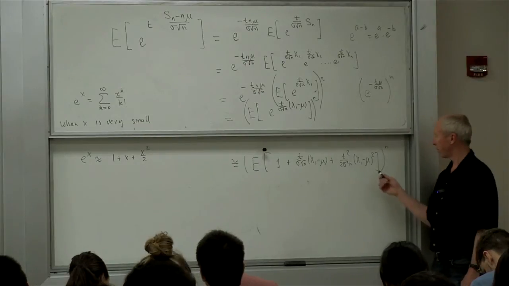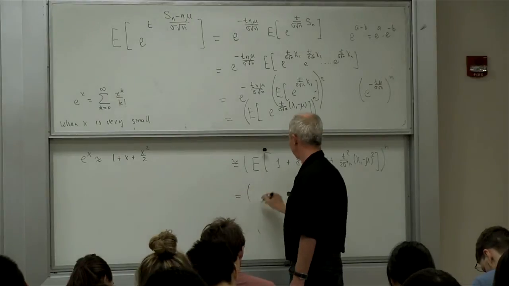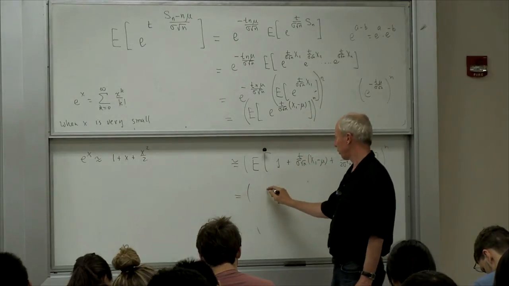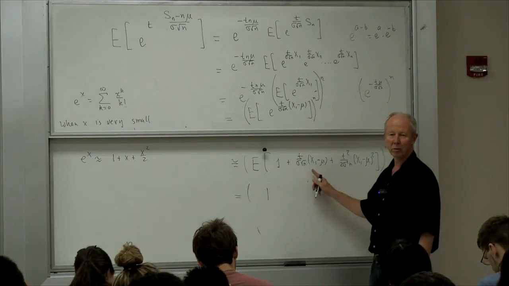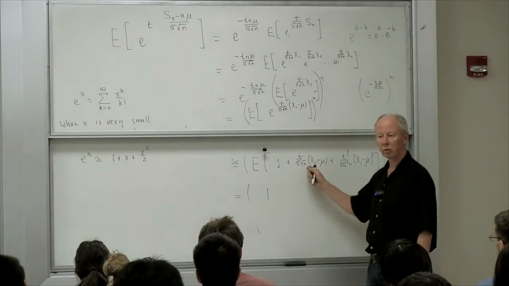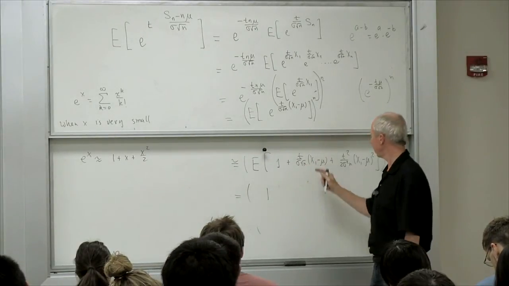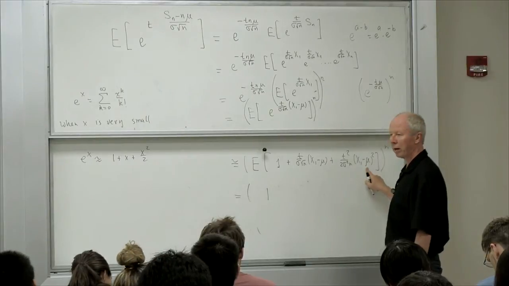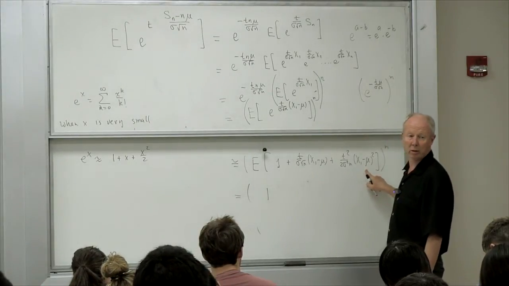Now let's take the expected value of this expression. Expected value of 1, well, I expect 1 to be 1. Expected value of this, well, here's a random variable from which I've subtracted its expected value. So the expected value of this difference would be 0. So this goes away. And the expected value of x1 minus mu squared, that's the variance of x1.